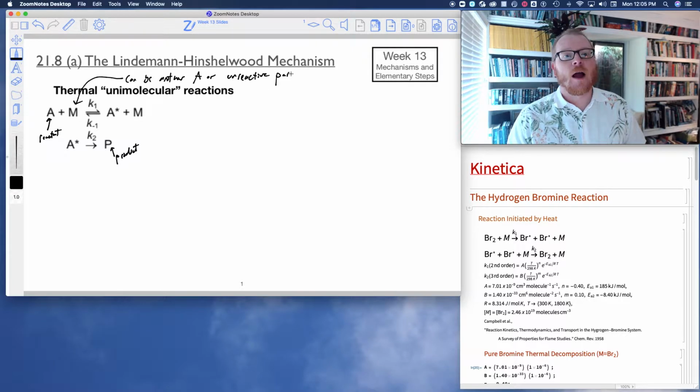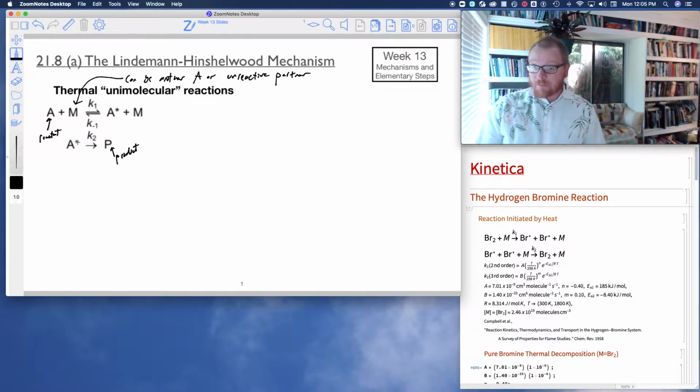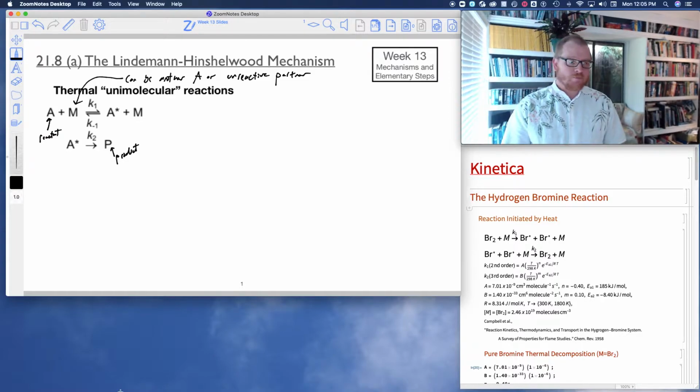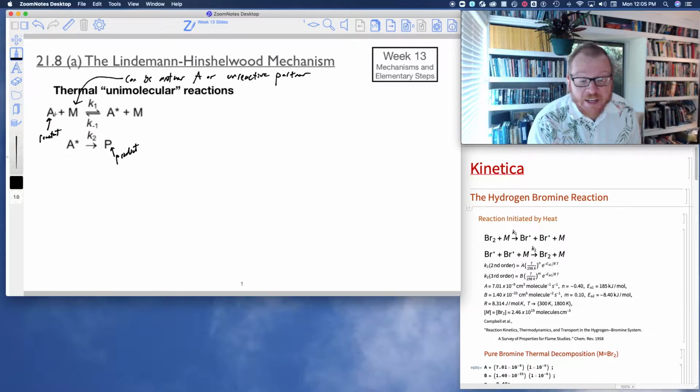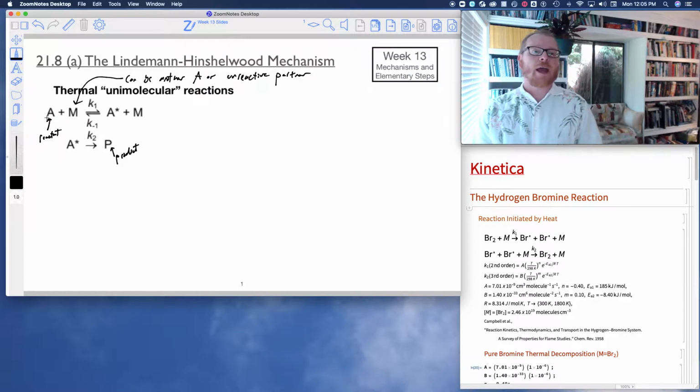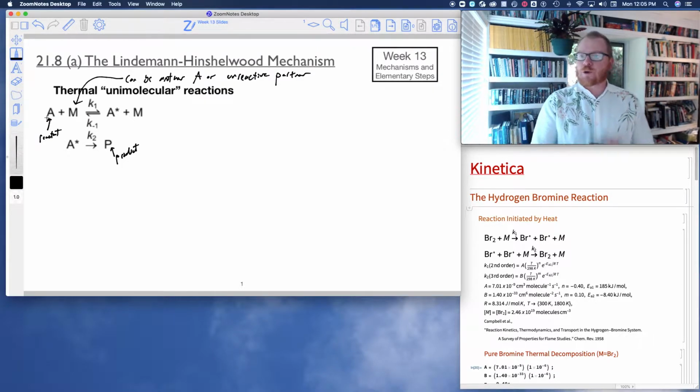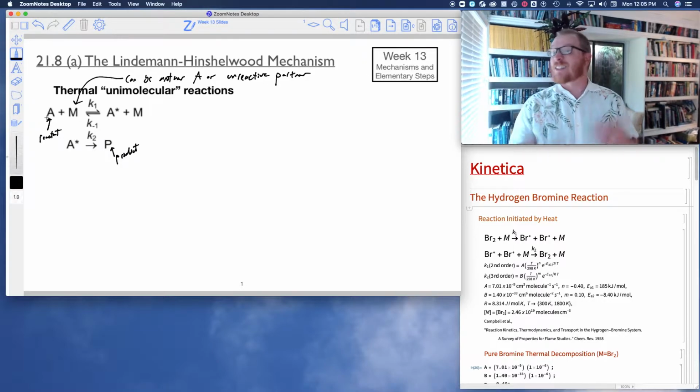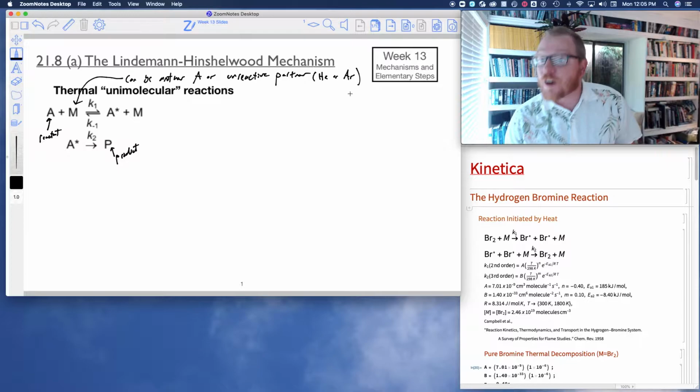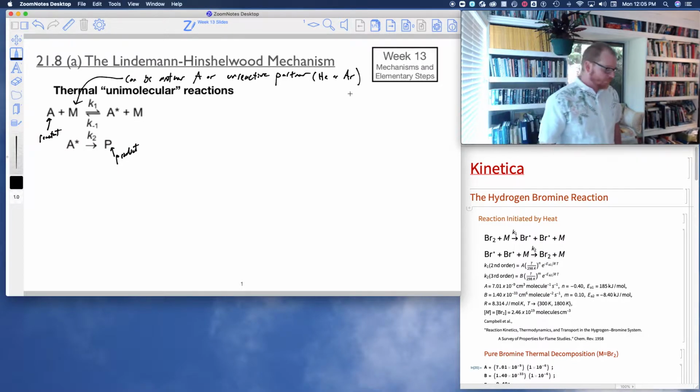In this case, we could think of M as a second body. It could also be a third body if I had another reactant in here. So you'll often hear me refer to that as a third body or a second body, an unreactive partner. That means it could be something like helium or argon.